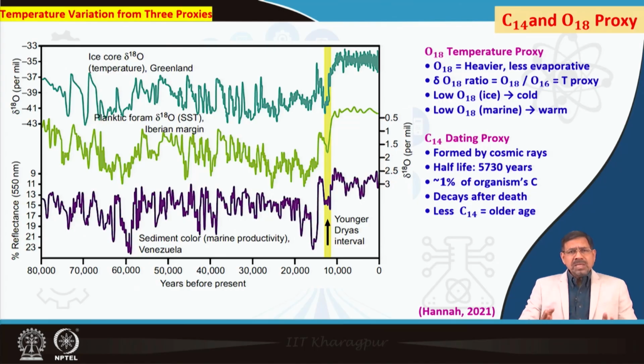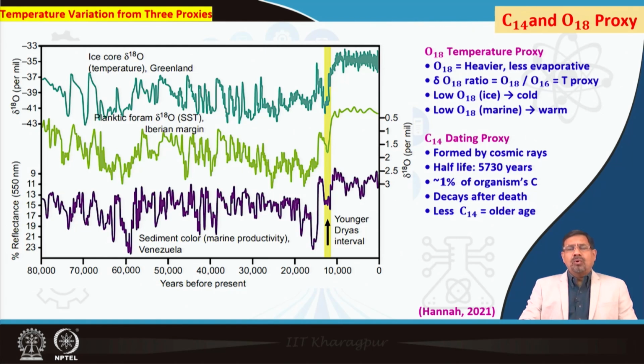So, if you see here from this percentage of reflectance, the sediment color has been picked from marine productivity studies taken from Venezuela, and this also says that the percentage of reflectance is relatively less, because it is plotted from 9 to 23%, and the percent of reflectance is a little less towards the present day. So, all this in turn indicates the temperature variation.